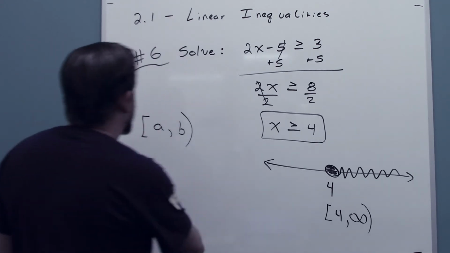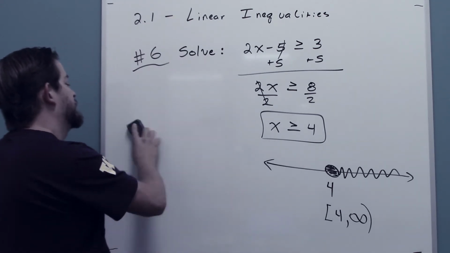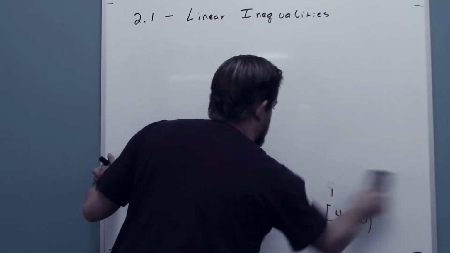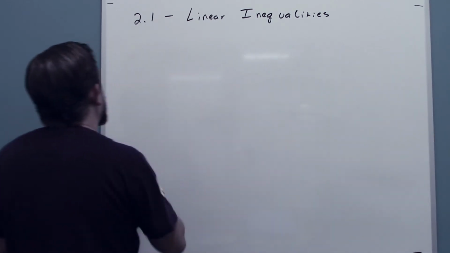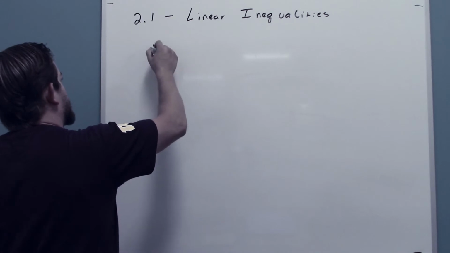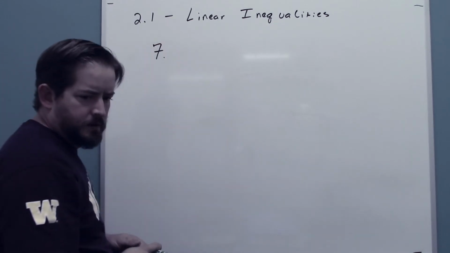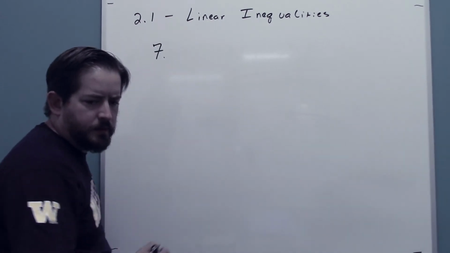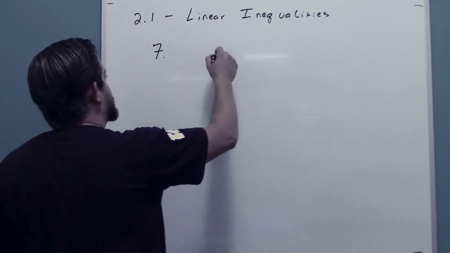All right, let's look at number 7. 15 is greater than 7x plus 1.